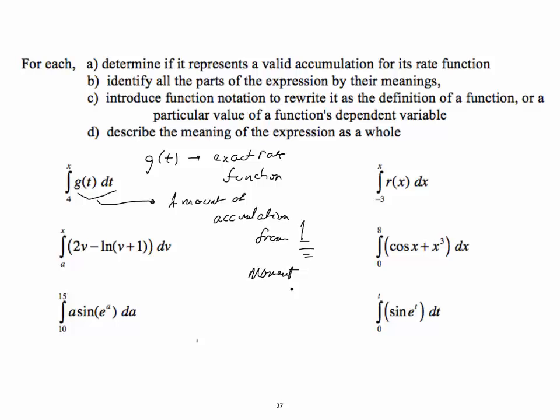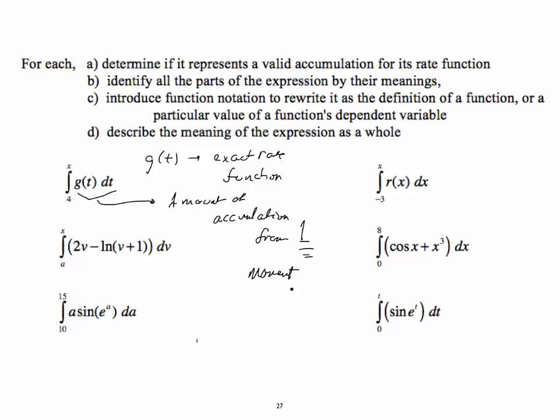Does that help? Because you can't be infinitely small. You still have to have some little width there, right? That's our idea of a moment. A moment is going to be some small change. So you still have to have a small change.